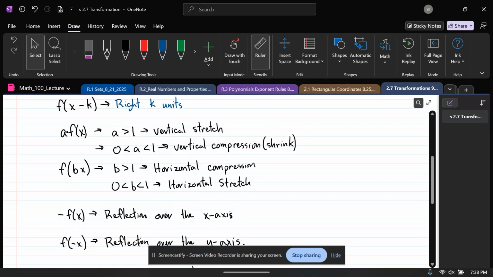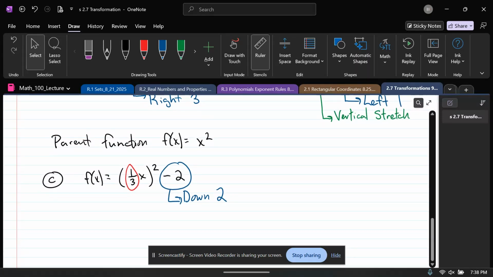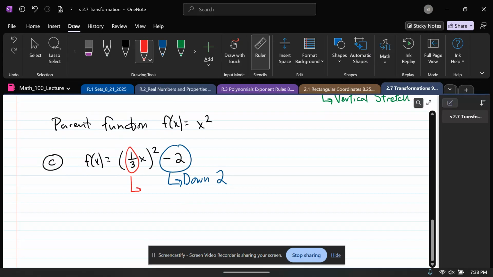Why is it a stretch and not a compression? It's between 0 and 1. It's a small fraction. So that's why it's a horizontal stretch. Horizontal stretch.